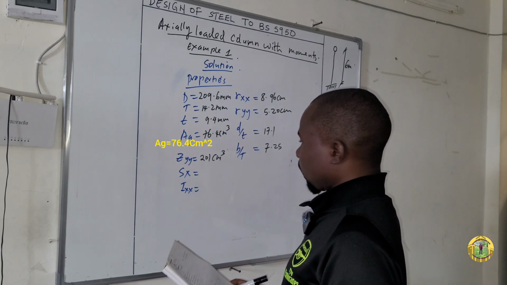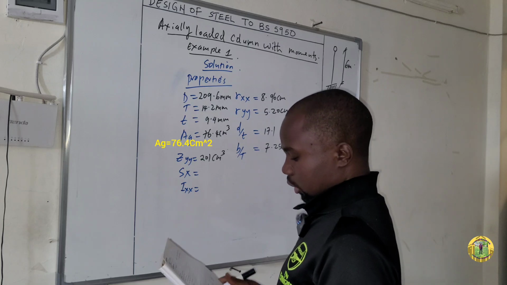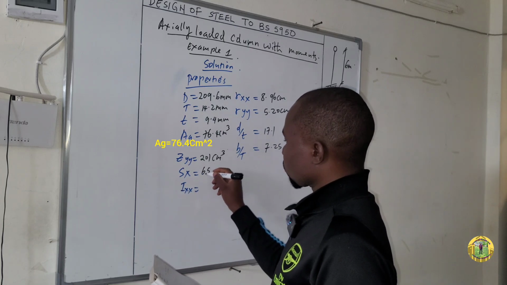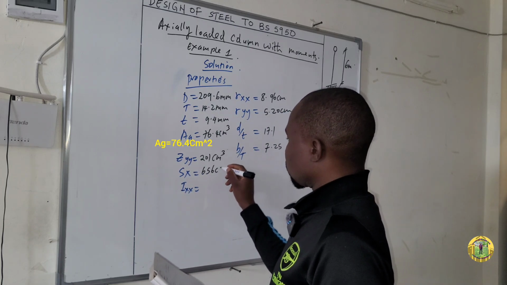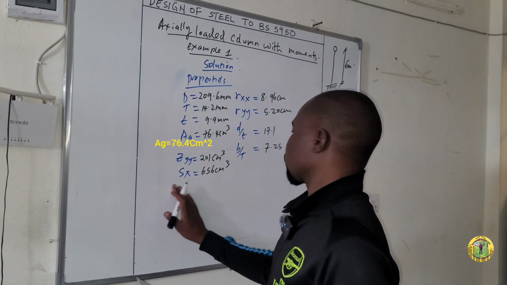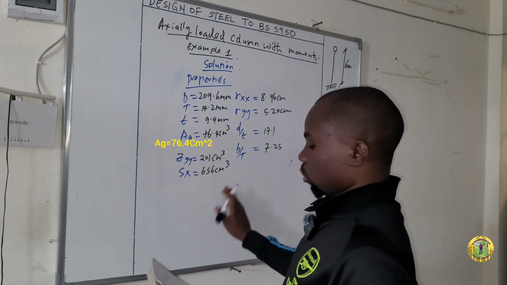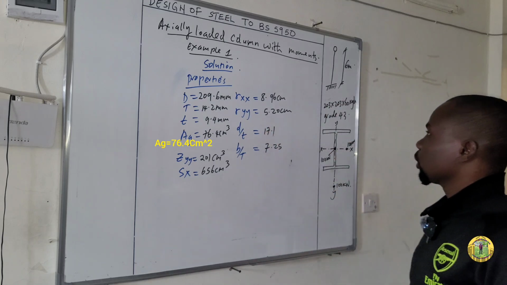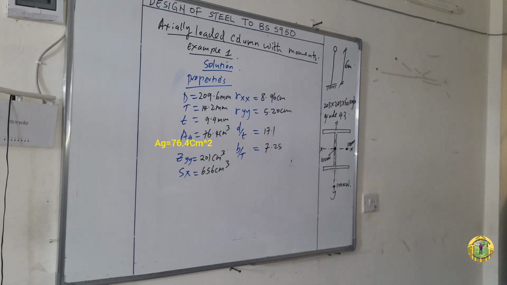We have the plastic modulus, 656 centimeter to the power of 3. No need for IXX. After doing so, the next thing to do is to classify the strengths.